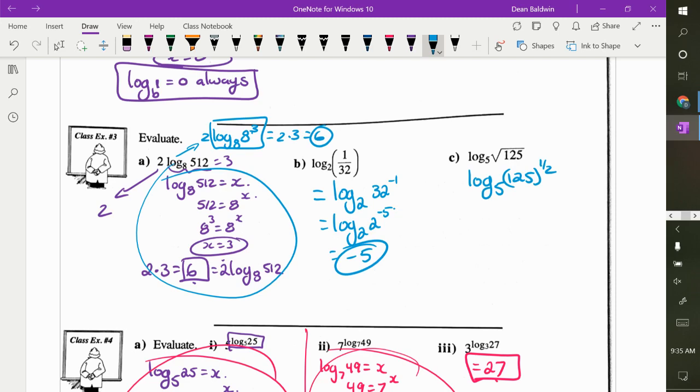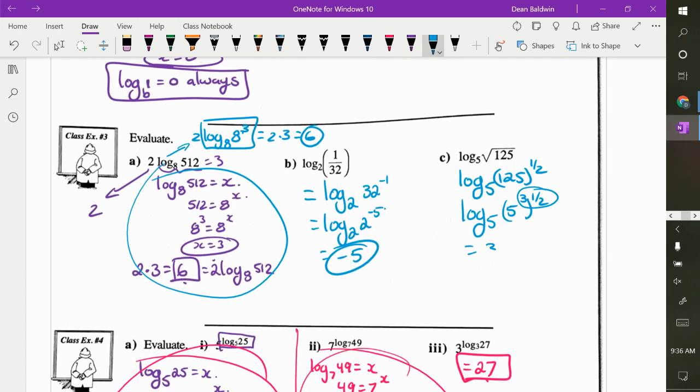And then you ask yourself, can 125 be made base 5? What is it? 5 cubed. So what's my answer? 3 over 2. It's that, right? Because you're multiplying those exponents. So it's 3 over 2.